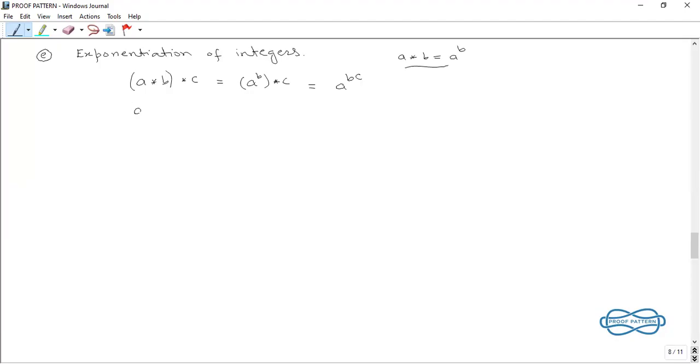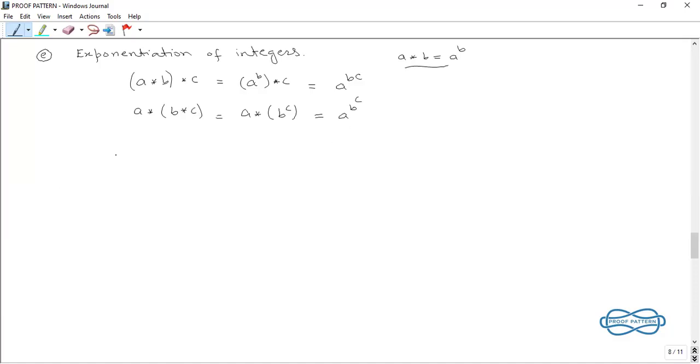And if we take the other side, we will get A star (B star C), and when we apply again this binary operation, we will get A to the power B to the power C.